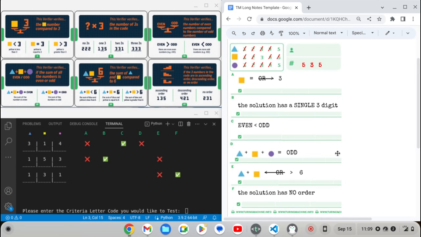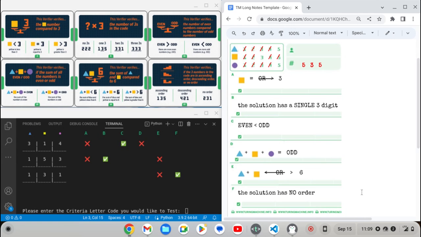There are, and the sum is odd. That's correct. E. We tested twice, and it both failed, so we were able to then conclude that yeah, the sum isn't equal to 6 or even less than 6, so it must be greater than 6, and it is. And we did confirm that it should have no order, and it does. It decreases and it increases.